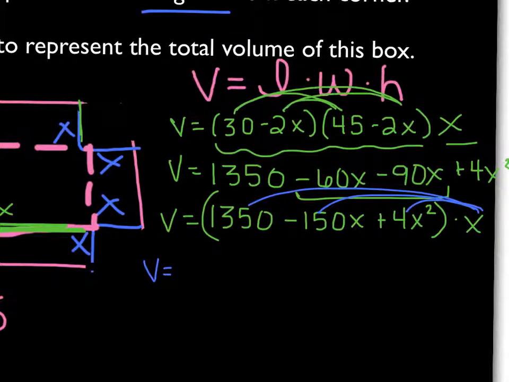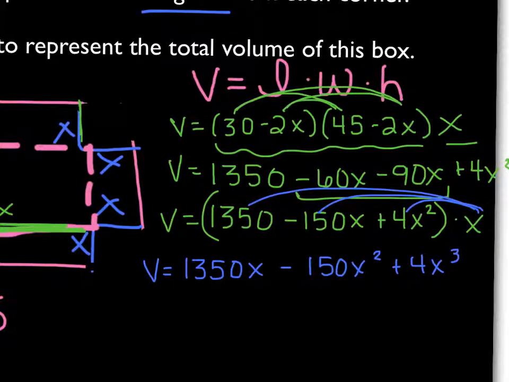I end up with 1350x minus 150x squared plus 4x cubed. So pretty much I just tack an x onto everything. Now, should I go back and write that in standard form? Technically, yes. But if you can get to there, I'm happy.